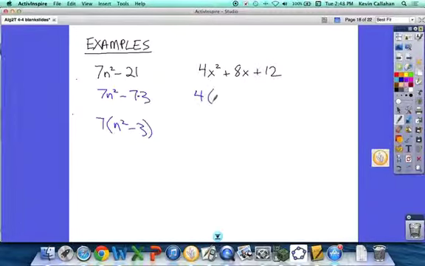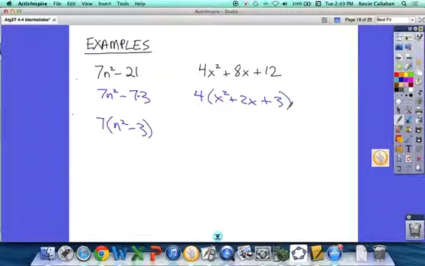So take it out in front of parentheses and then divide each term by 4. 4x squared divided by 4. 8x divided by 4. And 12 divided by 4 is 3. Now, notice that what's in parentheses now is a simple quadratic trinomial.